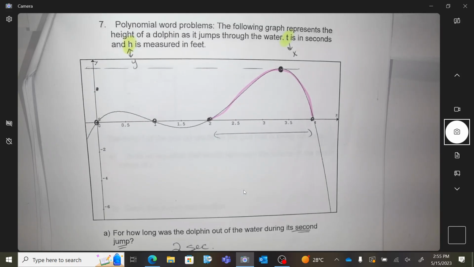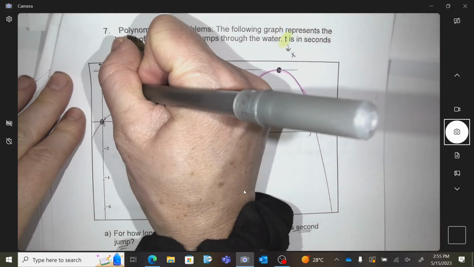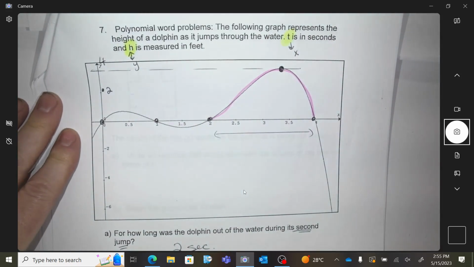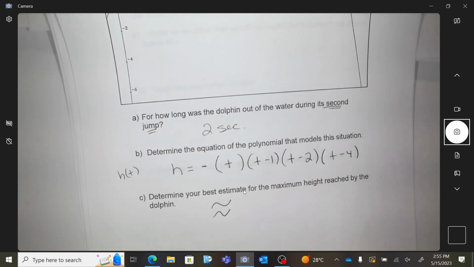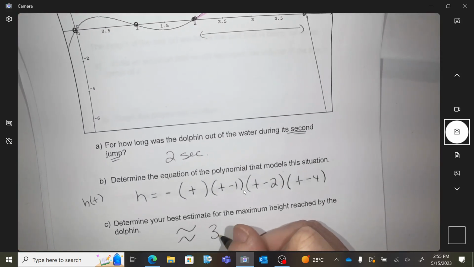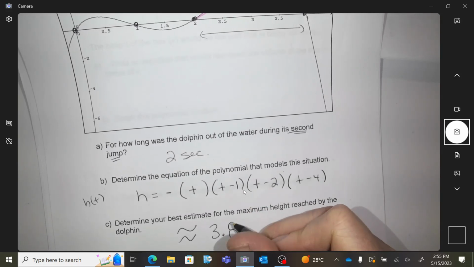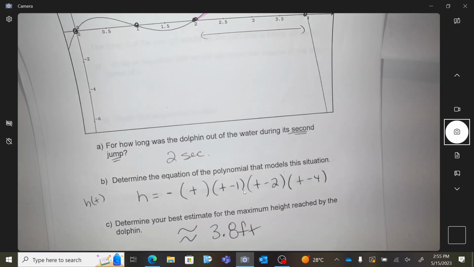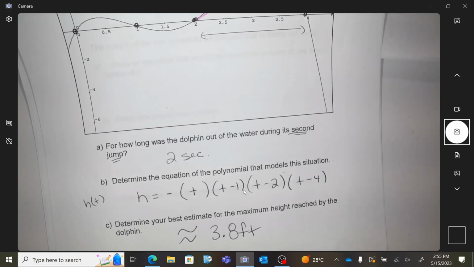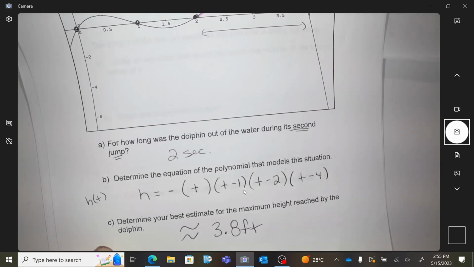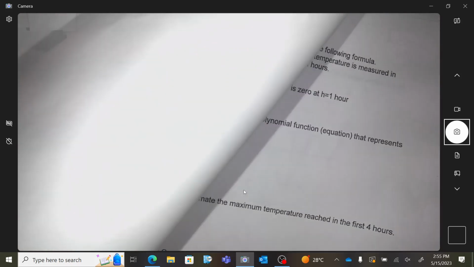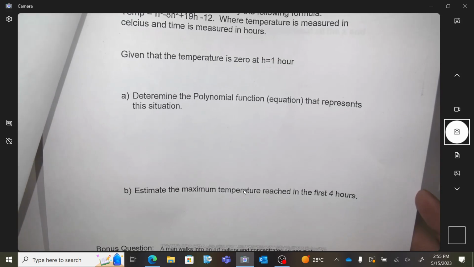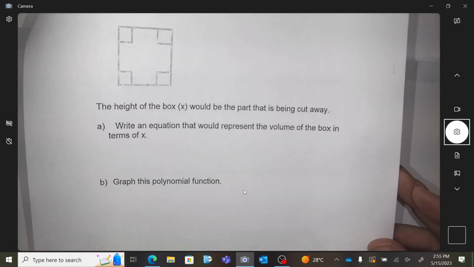If this is 2, I think 4 would be like that. So I'm just going to go approximately 3.7, 3.8. I don't know. Okay. So this one you can do with a graph because it just says the graph on it. We're going to do one without the graph. That's why I picked this one with the graph.